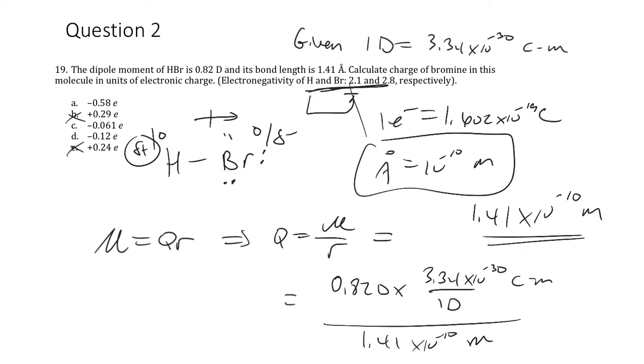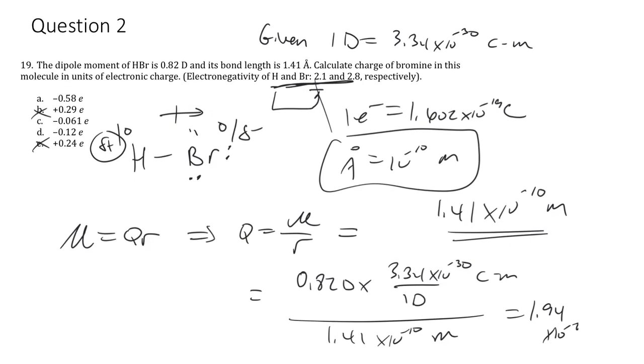Pretty easy conversion. We do this, and we get 0.82 times 3.34 e to the minus 30 divided by 1.41 e to the minus 10. That's 1.94 times 10 to the minus 20 coulombs.